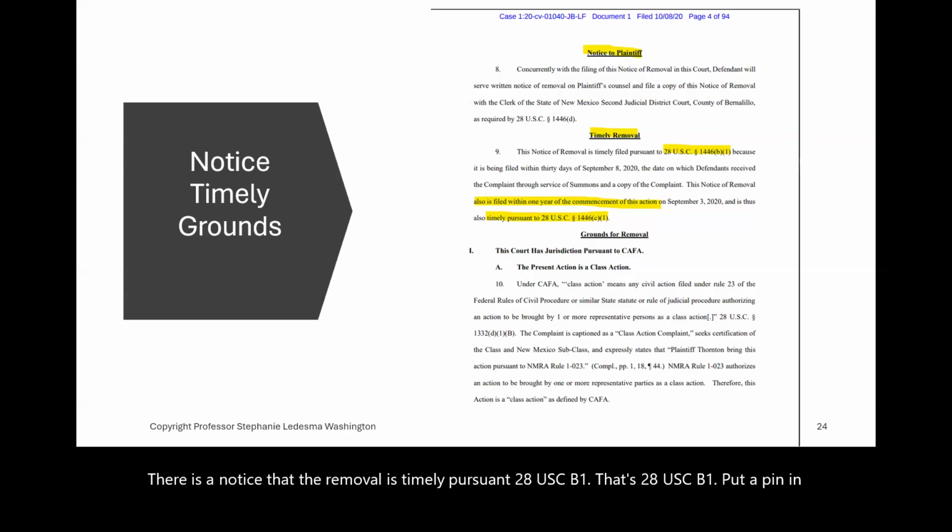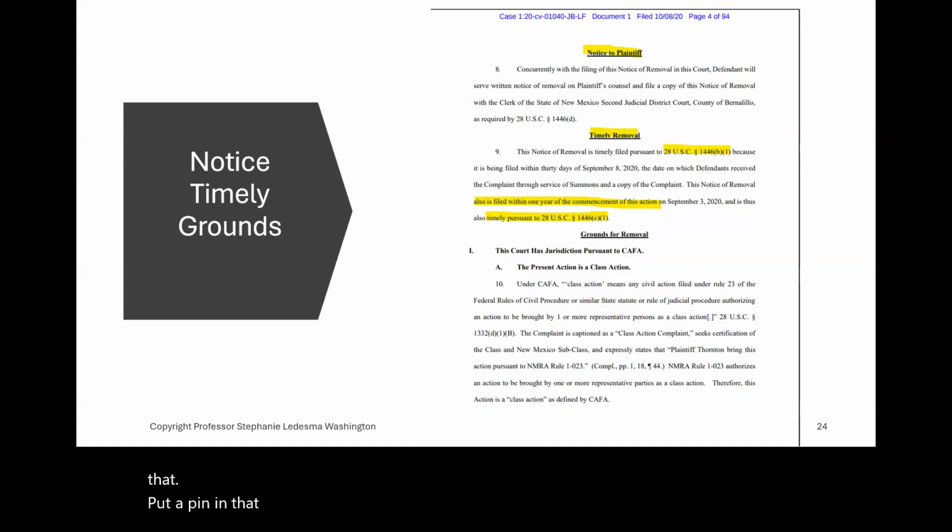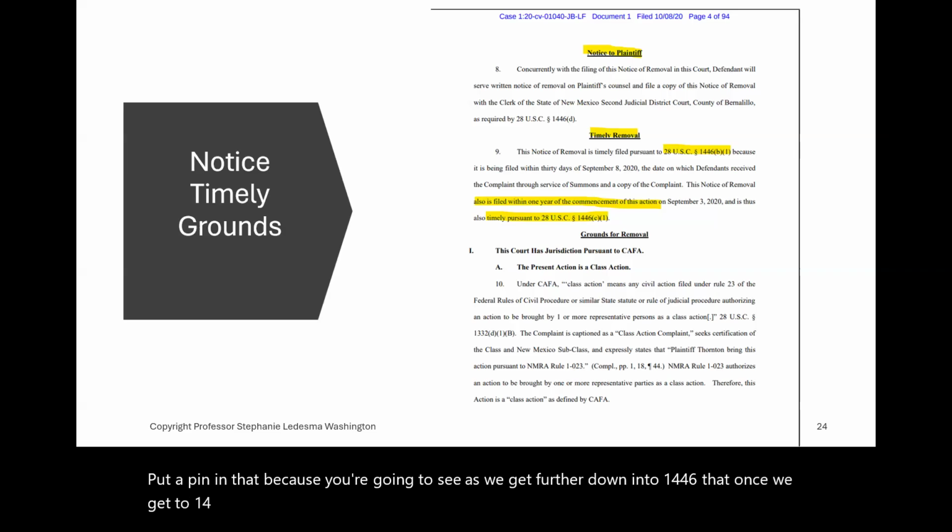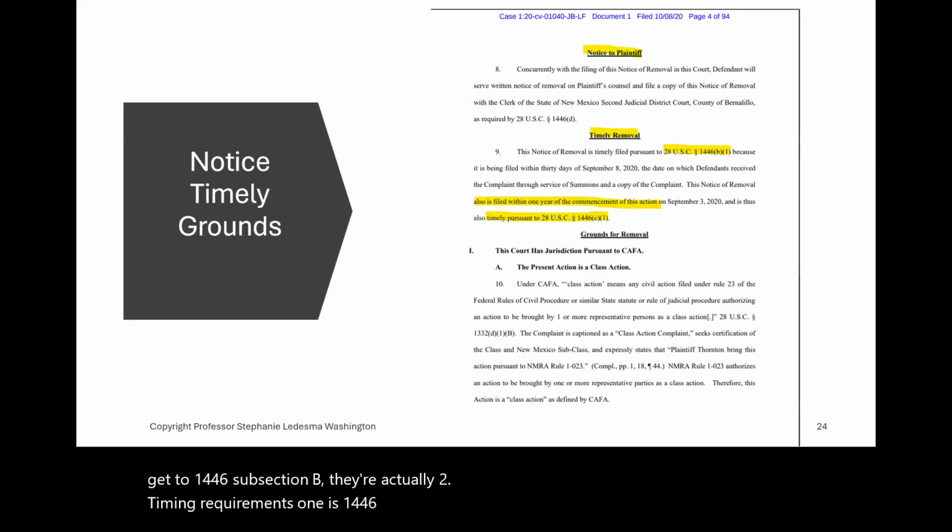Put a pin in that, because as we get further down into 1446, subsection (b), there are actually two timing requirements. One is 1446(b)(1), which this one is filed pursuant to, but another one is 1446(b)(3).